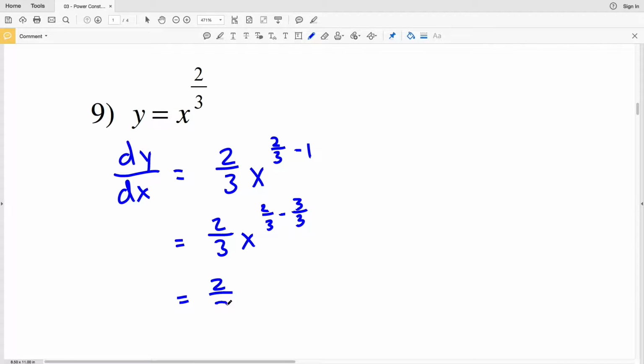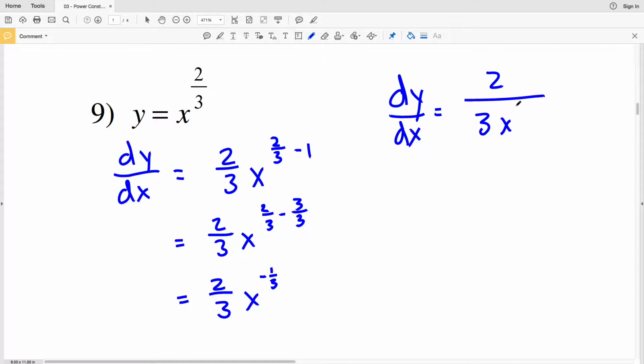So that's 2/3 times x to the negative 1/3. So this x is going to go in my denominator with the exponent as a positive. So dy dx, the derivative of y with respect to x, is 2 over 3 times x to the positive 1/3.